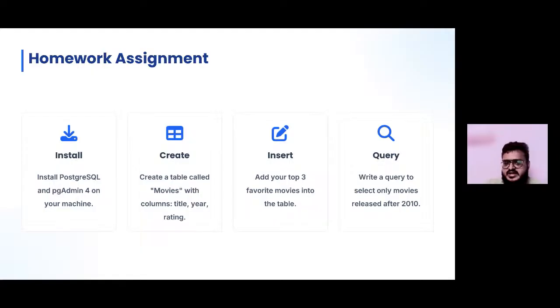Just go to Google and type SQL editors, then you will get many options. Create a table called movies with the columns title, year, and rating, add the data in it, and write queries to see which movies were released after 2010. Similarly, write various other statements and look at the results.